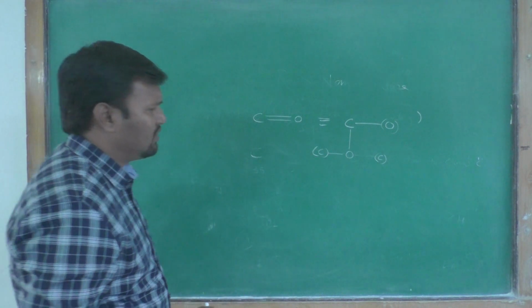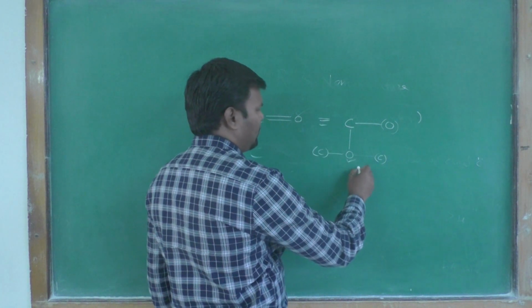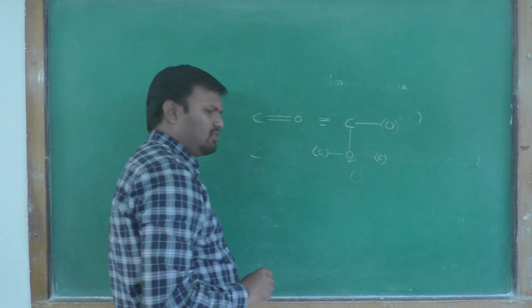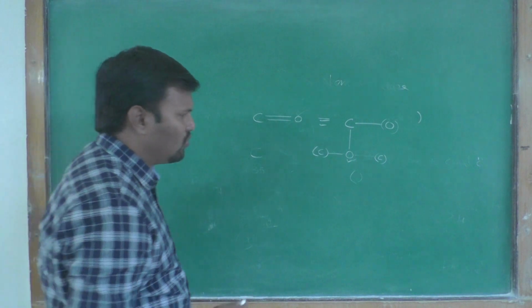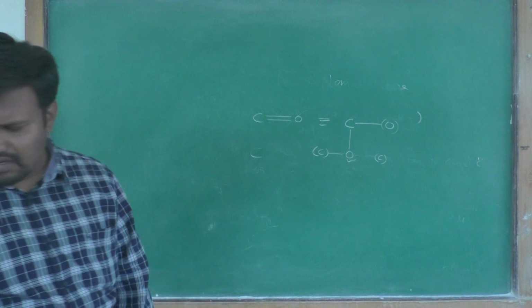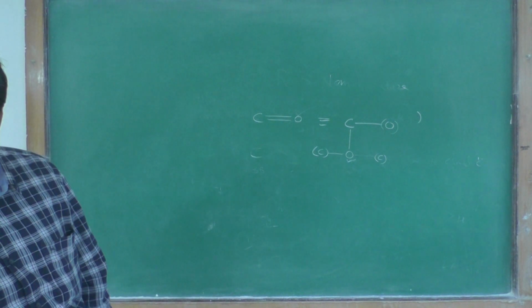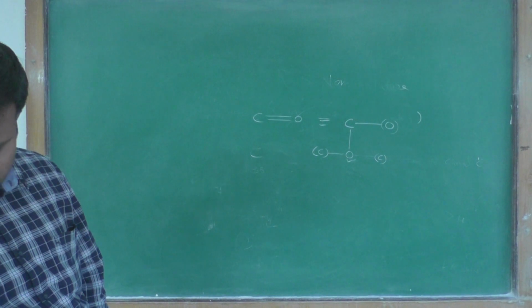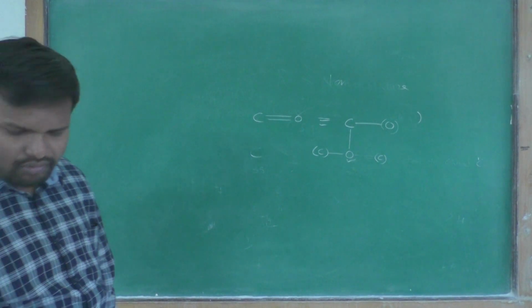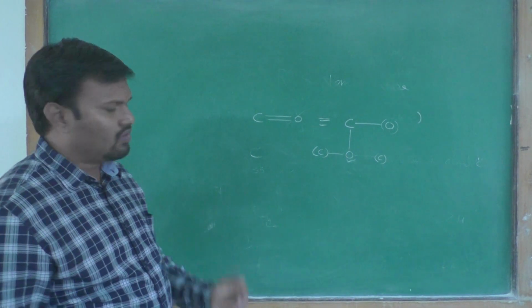Actually, this oxygen is attached, but we have not shown it in brackets, that is, in parentheses. Those groups which we consider as extra attached, we have shown in parentheses, and these groups are called the phantom groups.